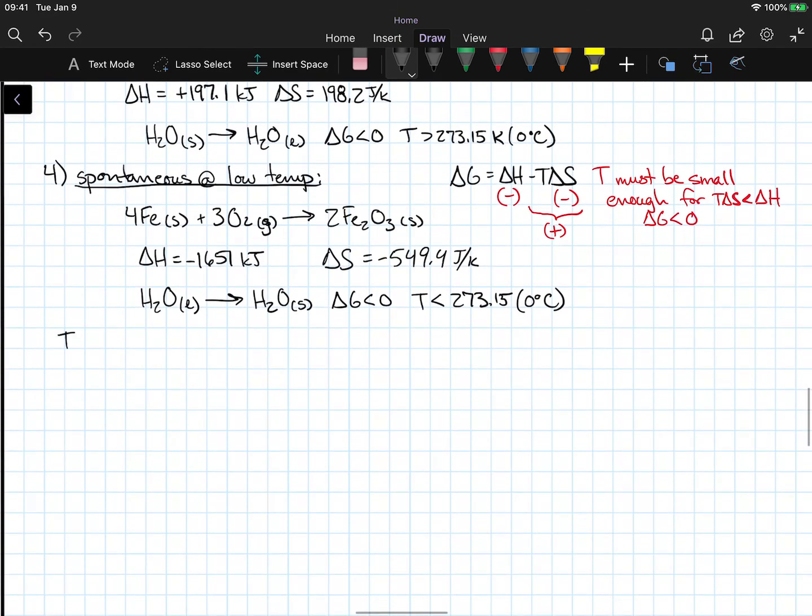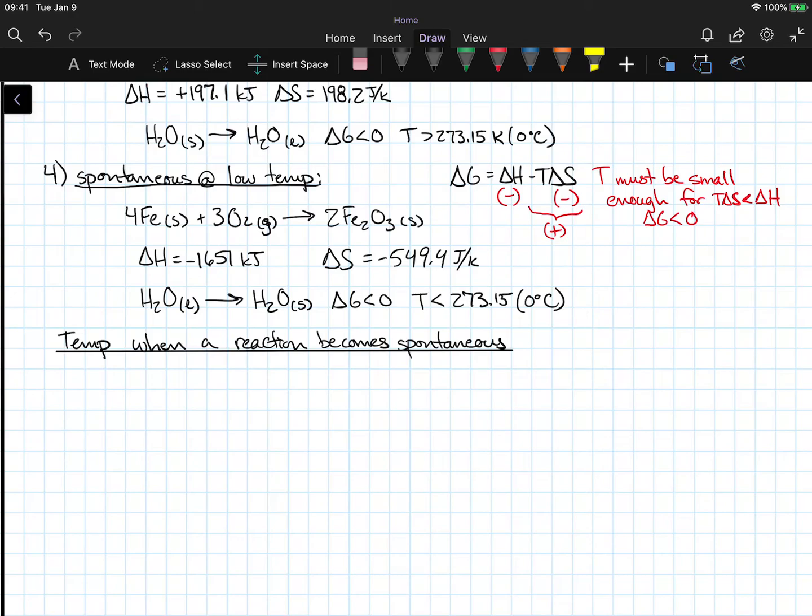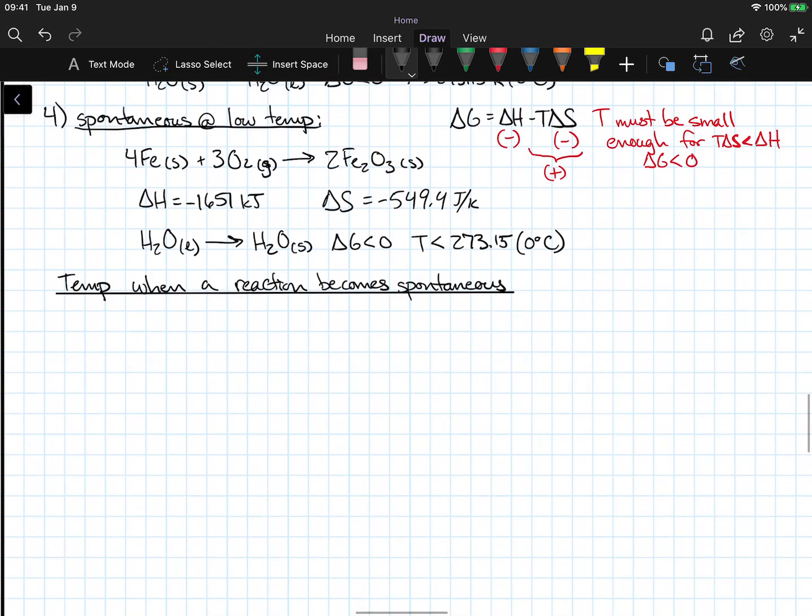So we can calculate the temperature when a reaction becomes spontaneous. We call it the crossover temperature.